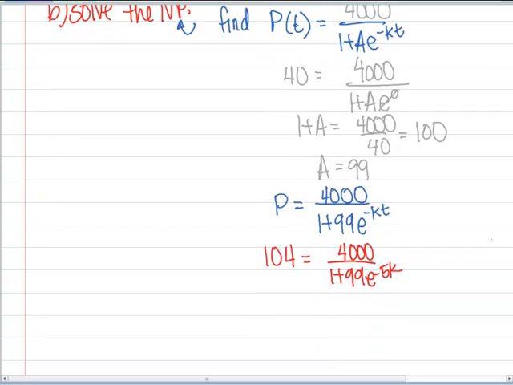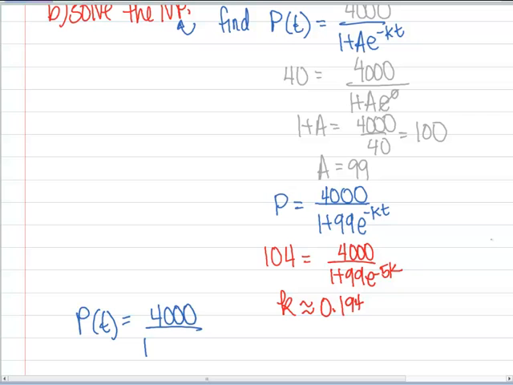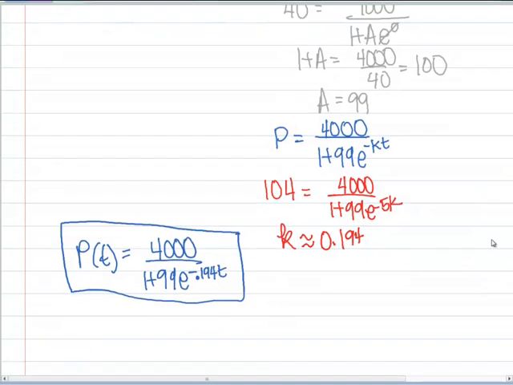We can cross multiply, take the natural log of both sides, and I'll go ahead and just tell you k equals 0.194. My solution to the differential equation is P of t equals 4,000 over 1 plus 99 e to the negative 0.194t power. All right, this is the solution. The initial value problem is the differential equation.